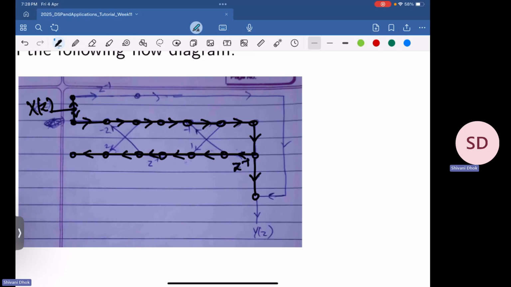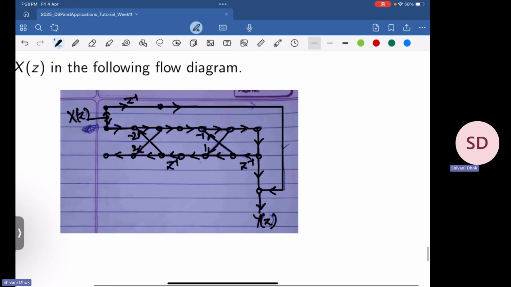We have a z inverse here. Then we have this feed going here, like this, 2 and minus 2. And similarly, we have a thing going like this, coming down and like this, and it gets added here. And this is my y of z, and I have a z inverse here, like this.